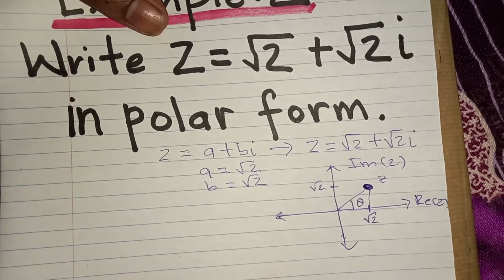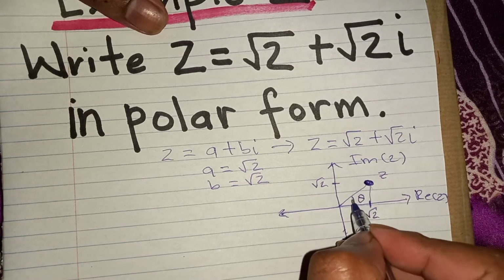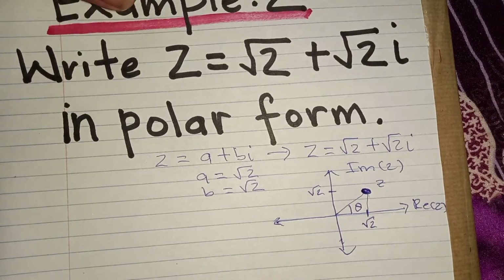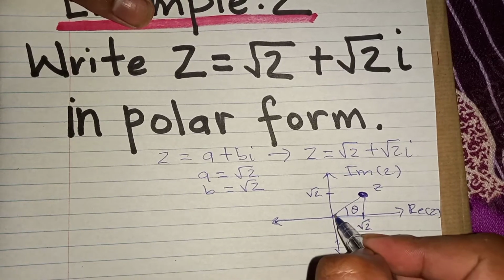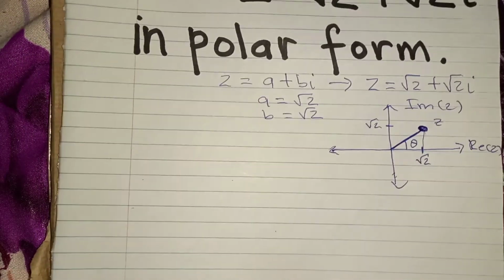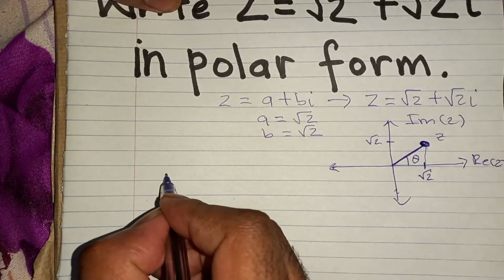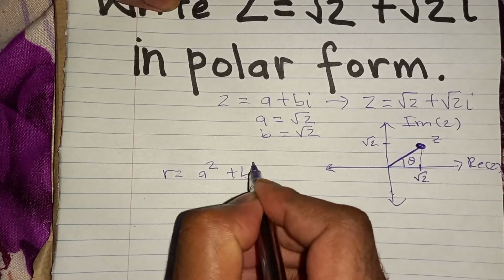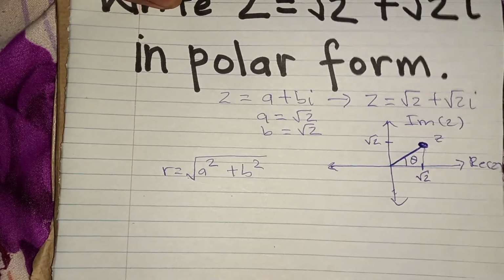We can find this angle. Our angle falls in the first quadrant, and this will be our value of r, the size. So let's first find the value of r. r is equal to the square root of a squared plus b squared.